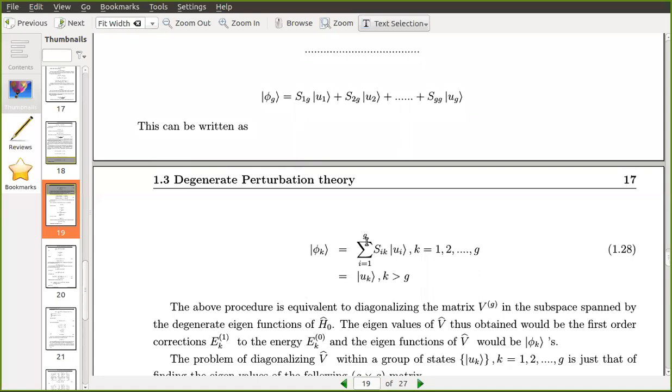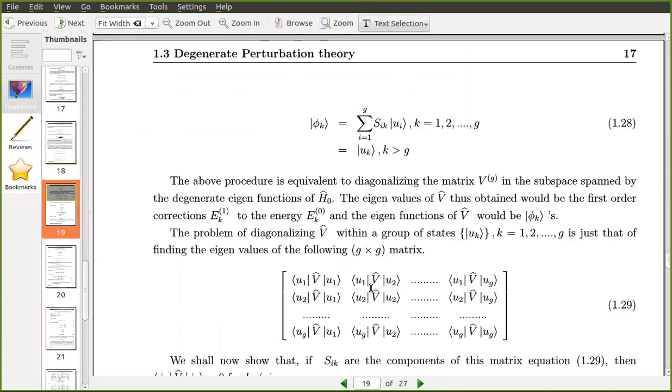What are the coefficients s? The above equations you can write as a simple mathematical equation, phi k in terms of ui. Its equivalent is you diagonalize the matrix V in the subspace spanned by the degenerate eigenfunctions u of H0.